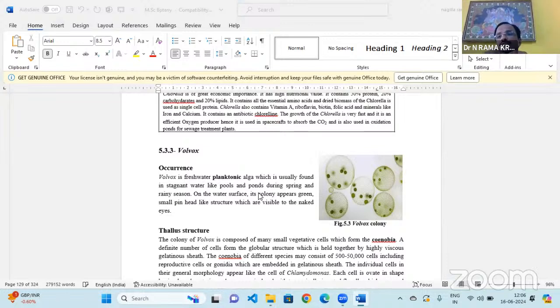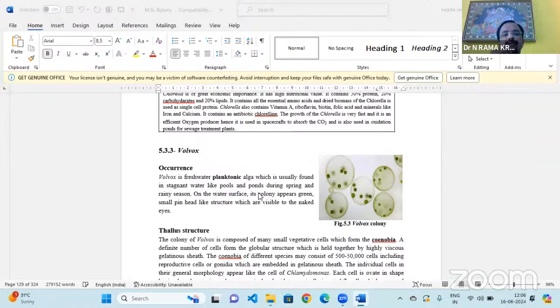Chlorophytic algae contain chlorophyll A and chlorophyll B, the green pigments, along with carotenoids and xanthophylls. So this is the first important point in recognizing Chlorophyceae, based on the pigments. Is it clear now?